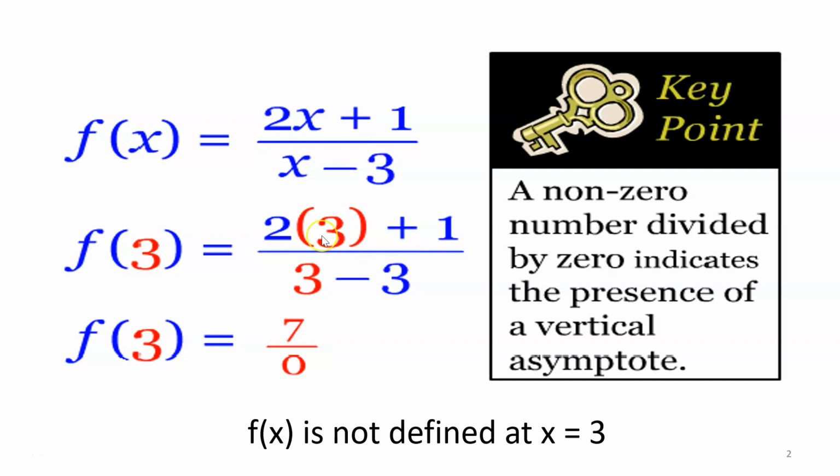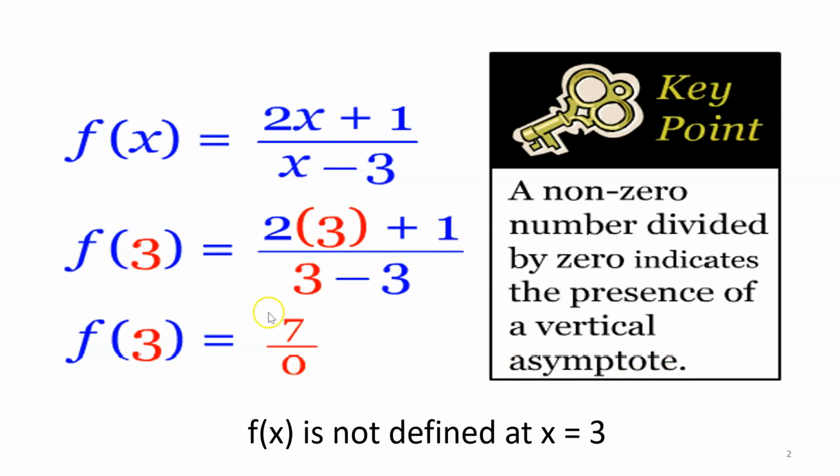When you have a function, for example, f(x) equals 2x plus 1 over x minus 3, when you substitute 3 into the x, you get 7 over 0, where f(x) is not defined at x equal to 3. Why is it so? Because a non-zero number divided by 0 indicates the presence of a vertical asymptote.